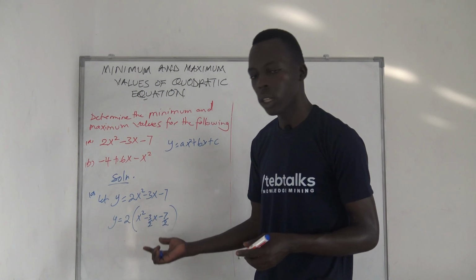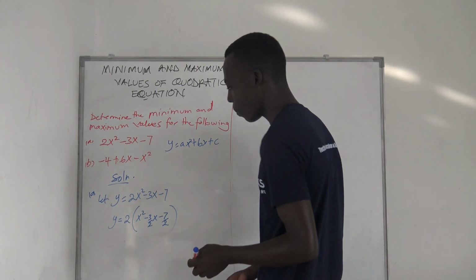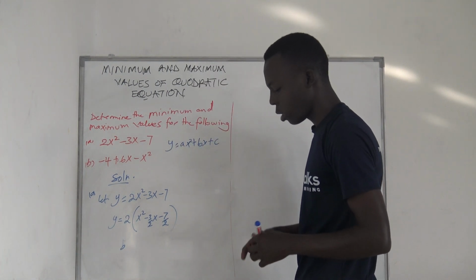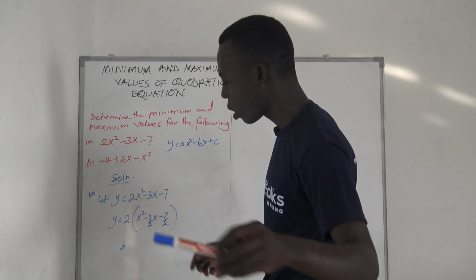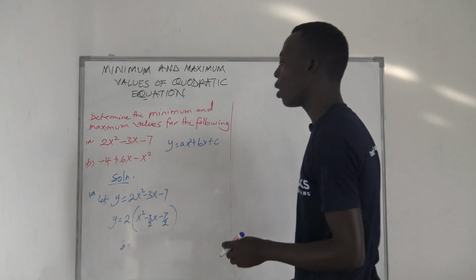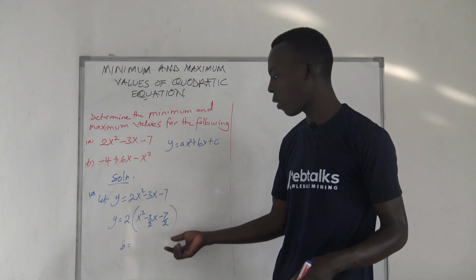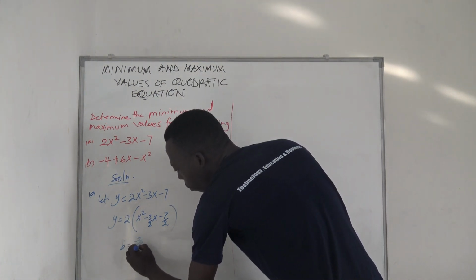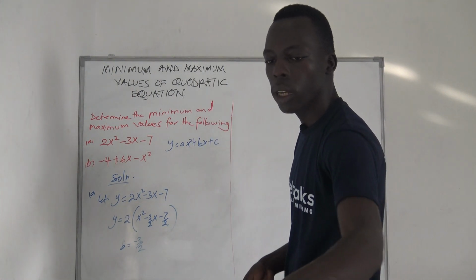After doing that, we said we have to get the value of b, we first divide it by 2, then we square it. When you are doing this, also consider the sign. Take the sign which is there, which is negative 3 out of 2 as our value of b.